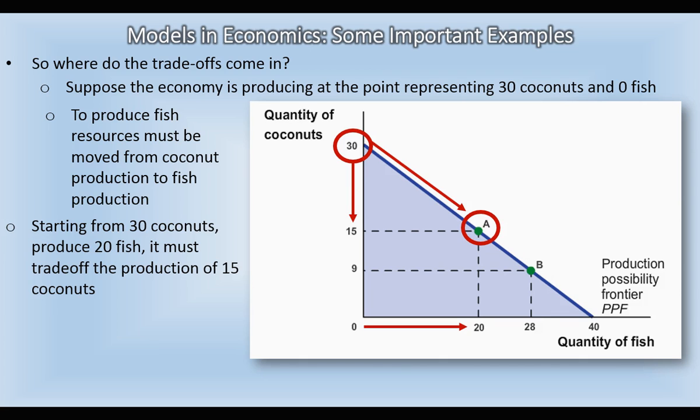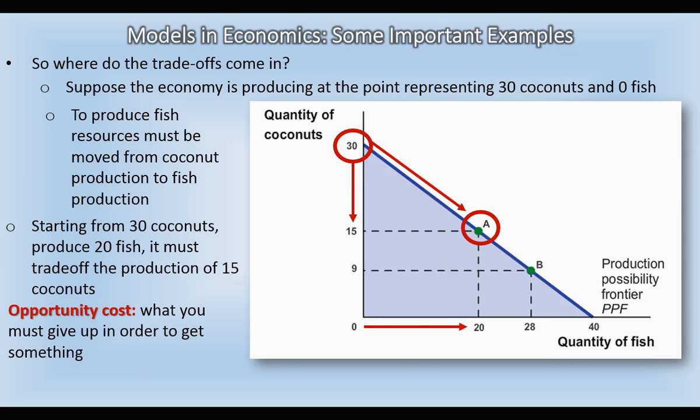Going from this x-intercept, this point of just producing coconuts, you move along the production possibility frontier to point A, and that means you give up 15 coconuts and wind up producing just 15 coconuts, whereas before you were producing 30. And now you can produce 20 fish.